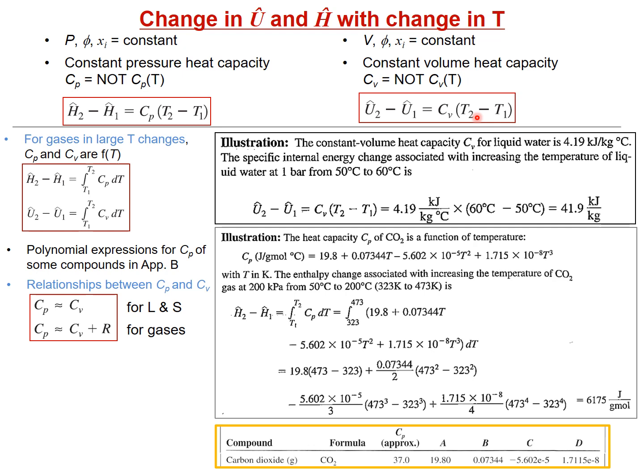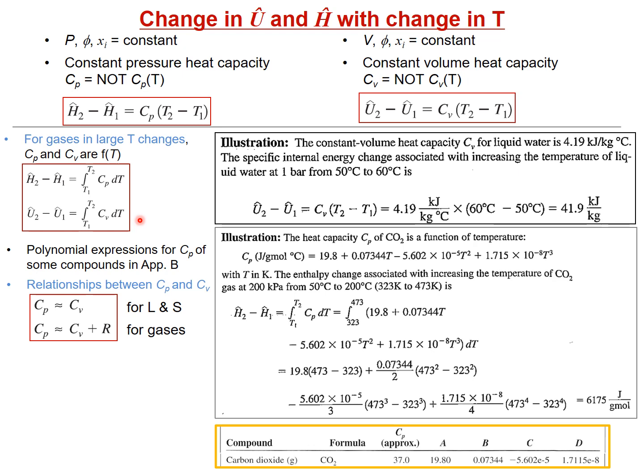However, for gases with large temperature changes, the constant pressure and constant volume heat capacities cannot be considered independent of temperature. I mean Cp and Cv should be considered as functions of temperature. So in that case, you should integrate the heat capacity with respect to temperature from T1 to T2, like that.